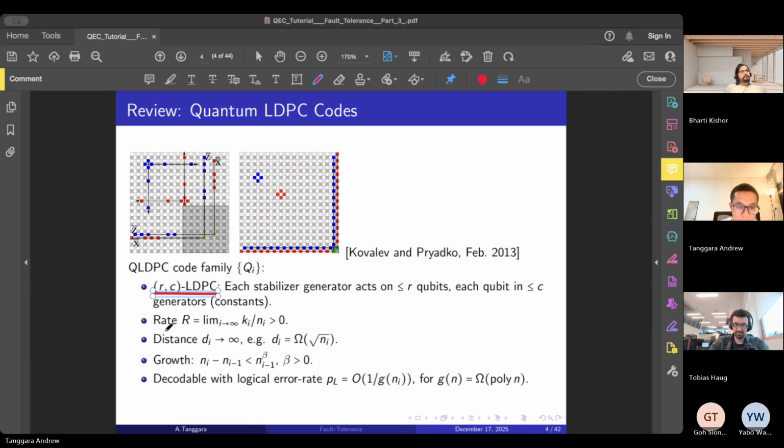We want our code to have a non-zero asymptotic rate and a distance that goes to infinity as we take this code family, and we want this particular growth of the number of physical qubits. Lastly, we want the logical error rate: there exists some decoding procedure such that the logical error rate is bounded by this.